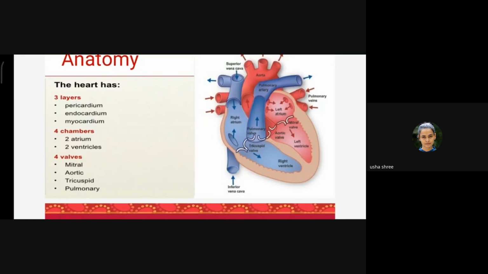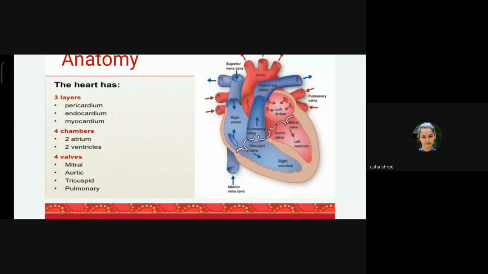Now, the anatomy of the heart. The wall of the heart is divided into 3 layers: pericardium, endocardium, and myocardium. Now tell me with your common sense, as we have already discussed earlier, what is peri, what is endo, and what is myo? Ma'am, myo is the innermost layer, endo is above that, and peri is the outermost one. Is it like that?